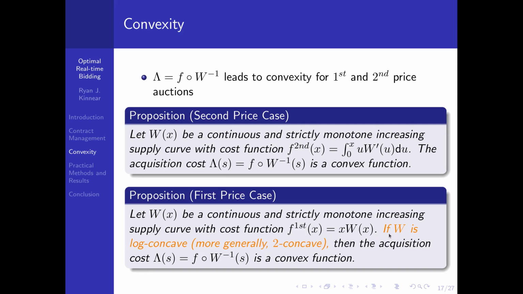Essentially, you could think of the sufficient condition that if W is log concave, then the acquisition cost function is convex in the first price case as well. So there's almost no conditions required in the second price case, and in the first price case you just need this log concavity. You may be aware that most famous cumulative distribution functions happen to be log concave, so I think that this condition is fairly weak.